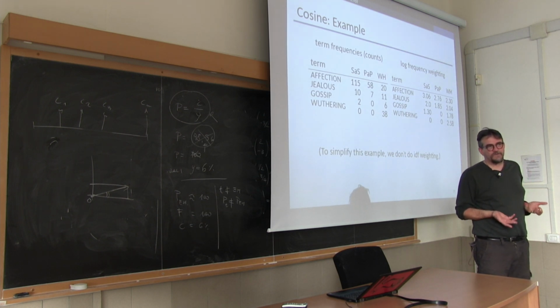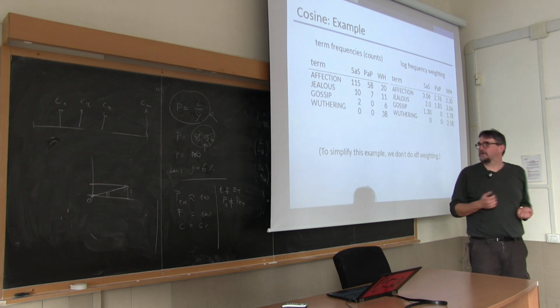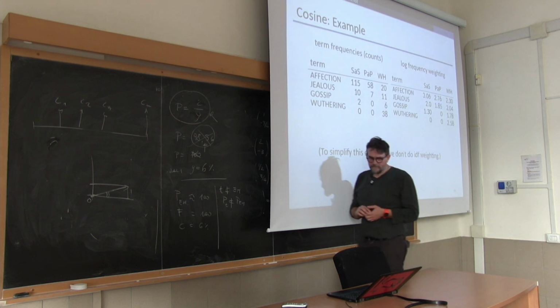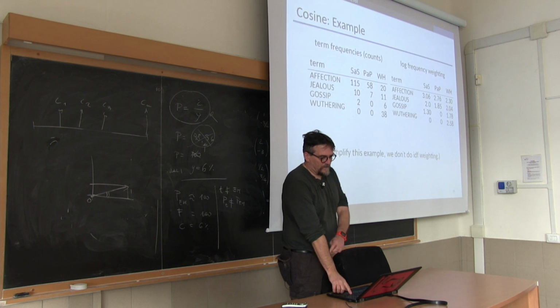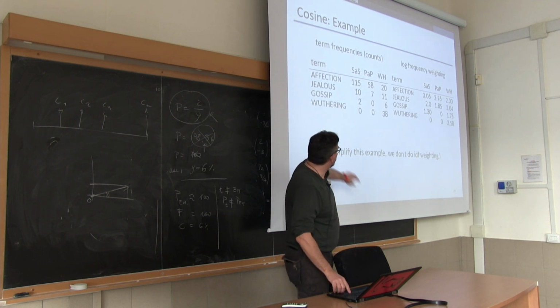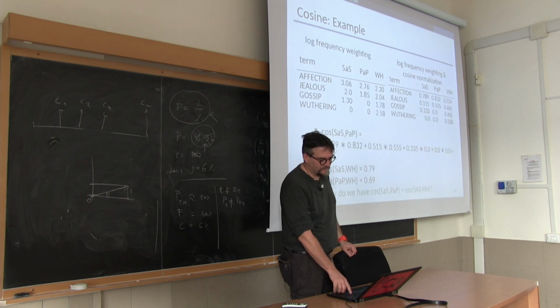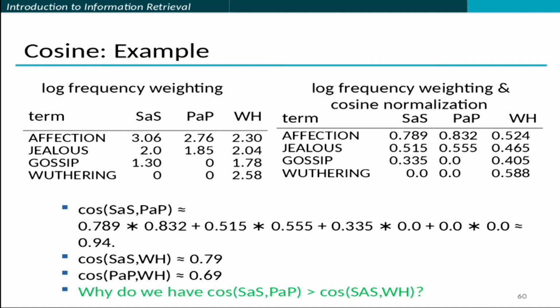We want to smooth this relationship, and thus we apply the logarithm, and so from here we go there. Now actually we are not doing IDF weighting for the sake of simplicity.